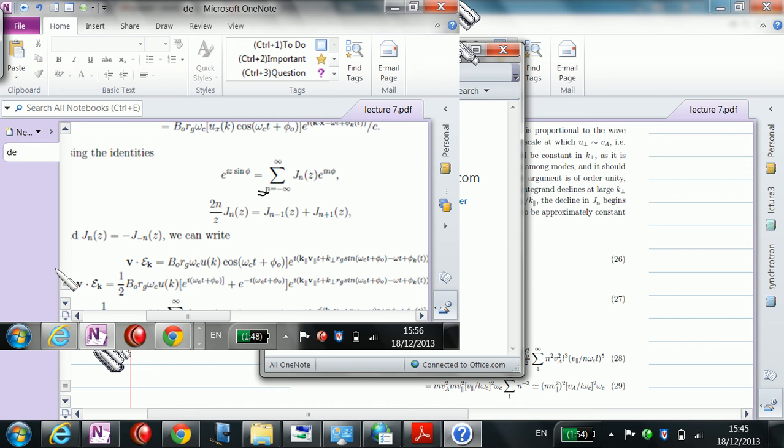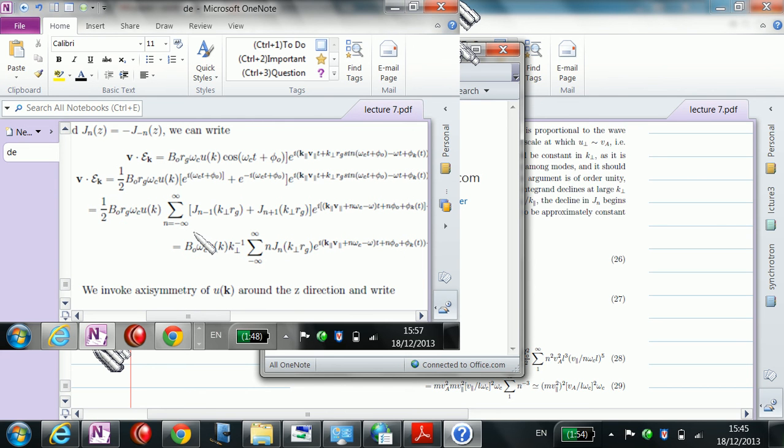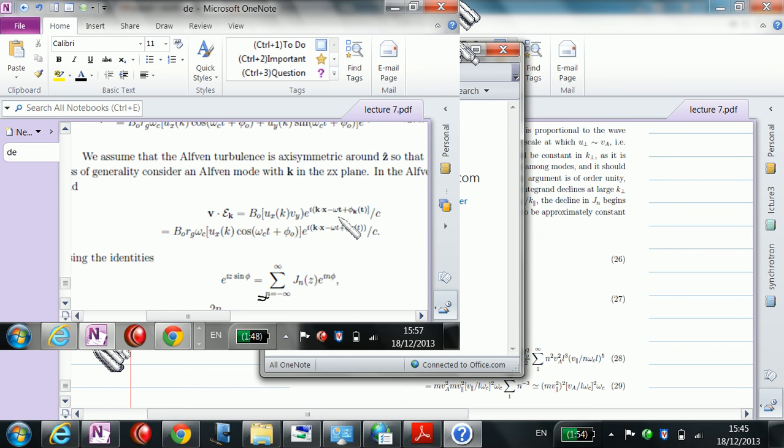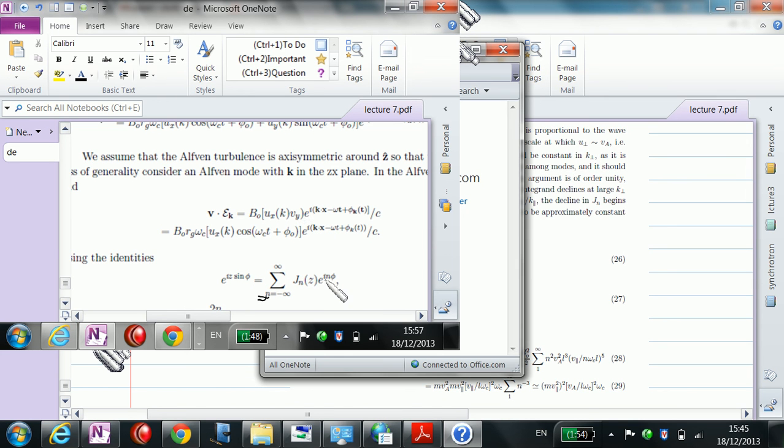So basically the expression for the power absorbed is just an infinite sum of Bessel functions, and you still have this e to the i n phi where n is being summed.